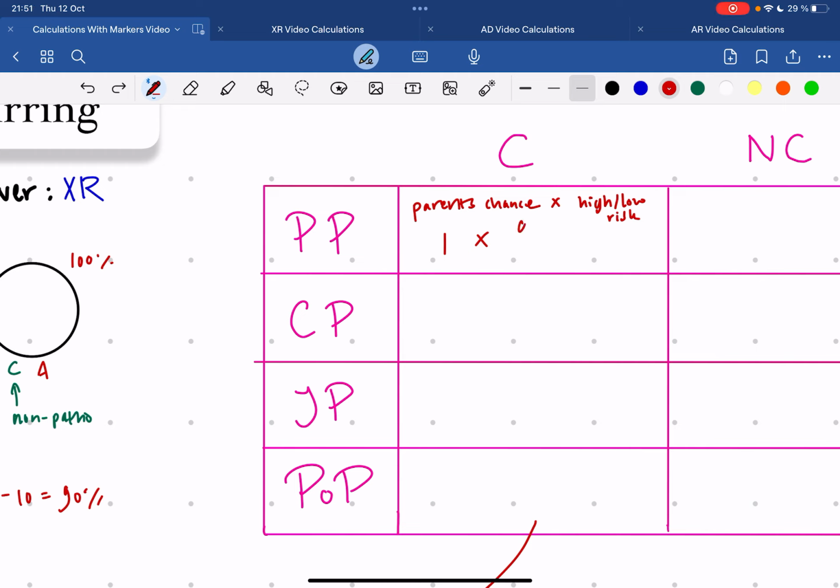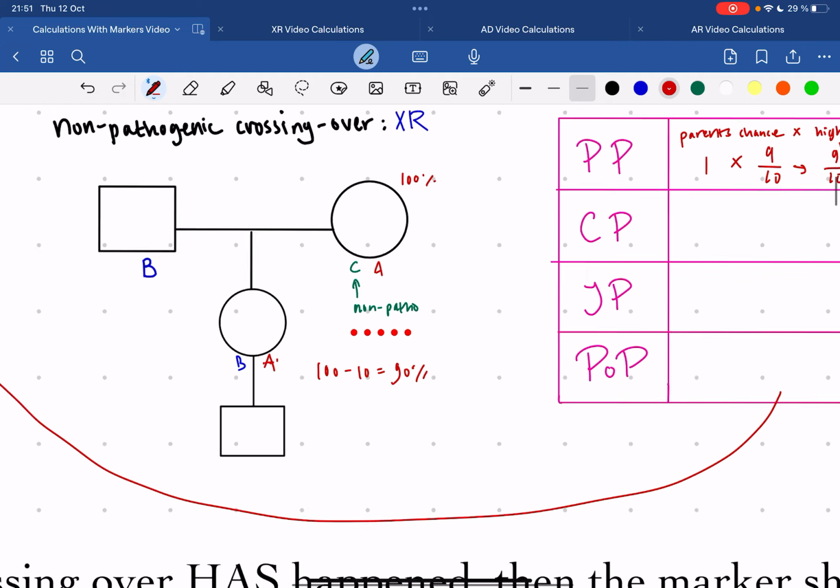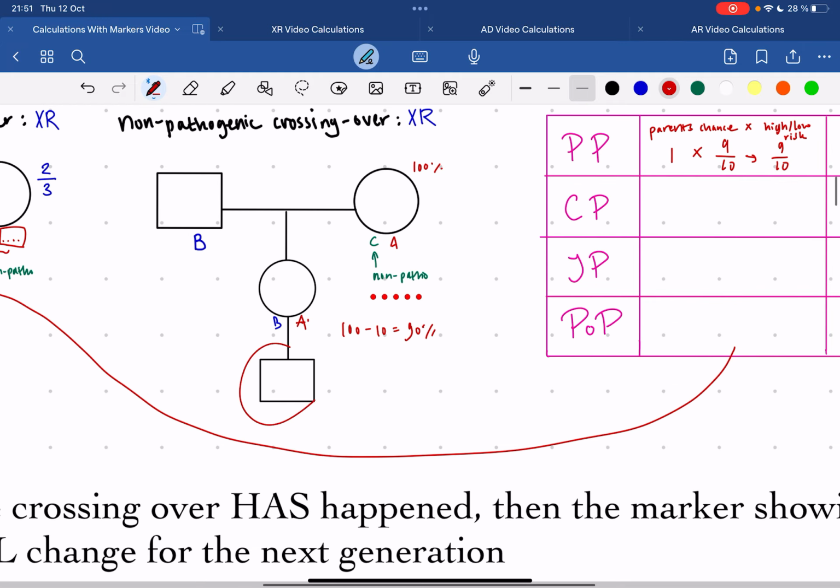That is equal to 9/10. And then for non-carrier, it would be 1 minus 9/10, which is 1/10. Conditional probability is 1/2 by the power of amount of healthy sons, which would be 1/2 by the power of 1. That is equal to 1/2.